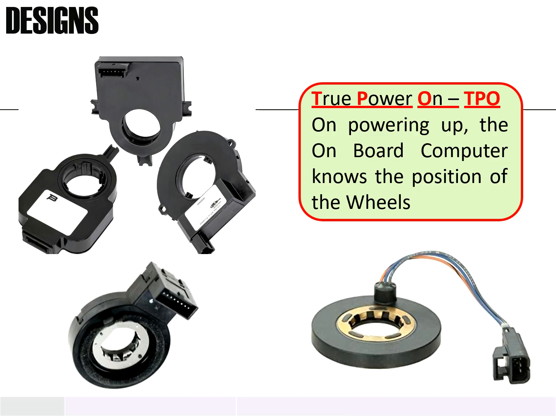This provides the true power on or TPO functionality. Already we have seen this feature. In simple terms, when the vehicle electronic system is powered on, the onboard computer can know the position of the wheel. This is an important feature for electronic steering and stability related systems.